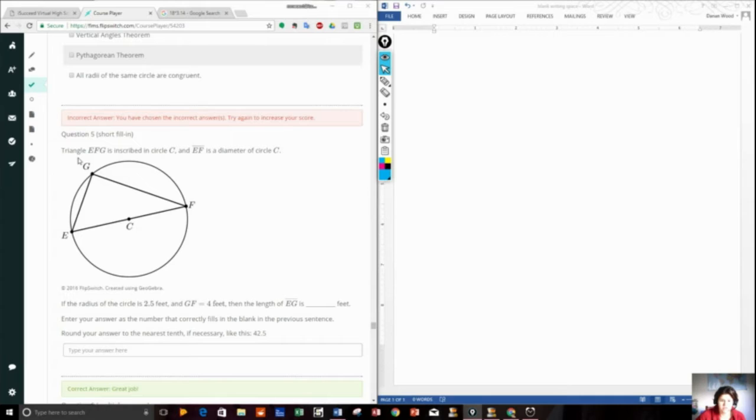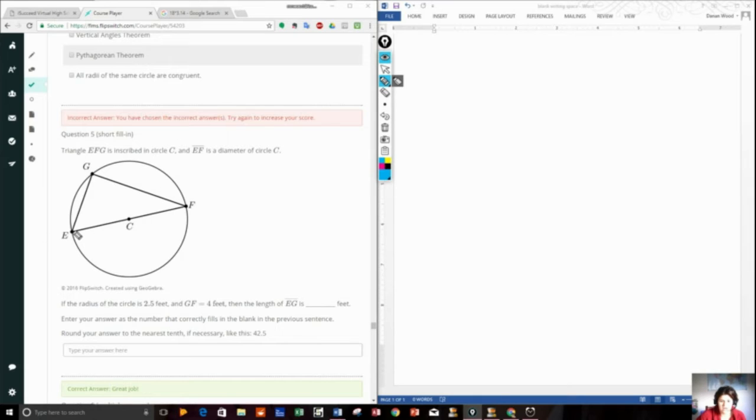Okay, so now we have triangle EFG inscribed in circle C, and segment EF is the diameter of circle C. If the radius of the circle is 2.5 feet and GF is 4 feet, then the length of EG is blank feet. Enter your answer as the number that correctly fills in the blank. Okay, well, what did they give us?